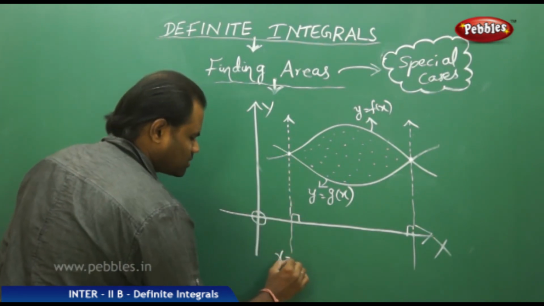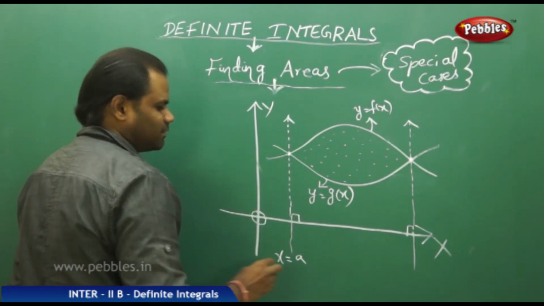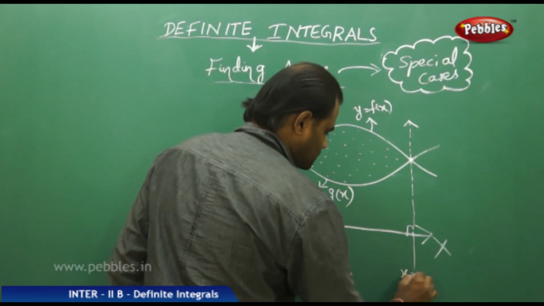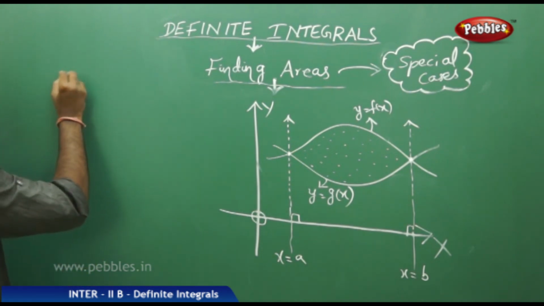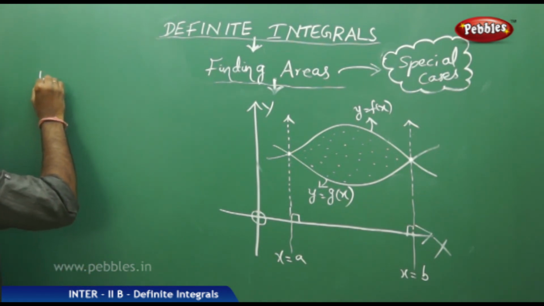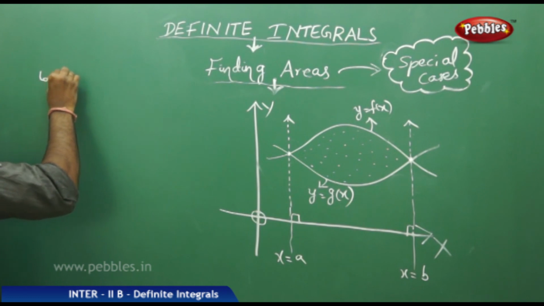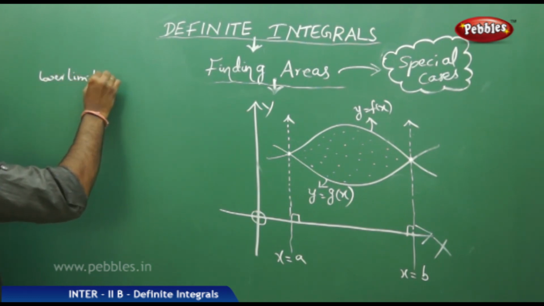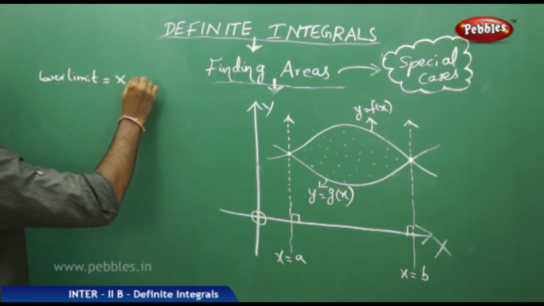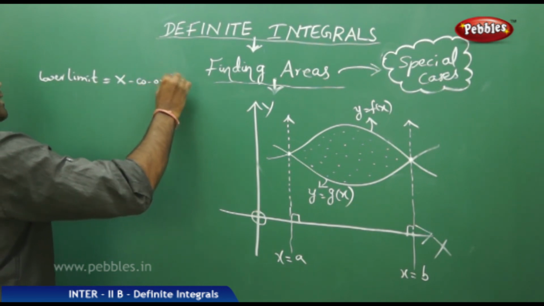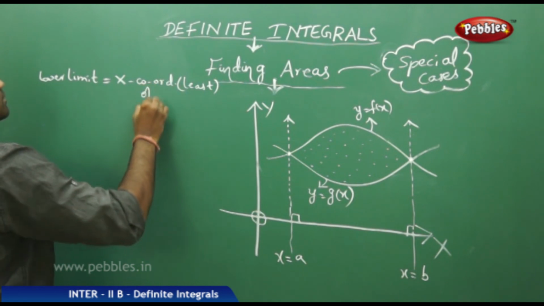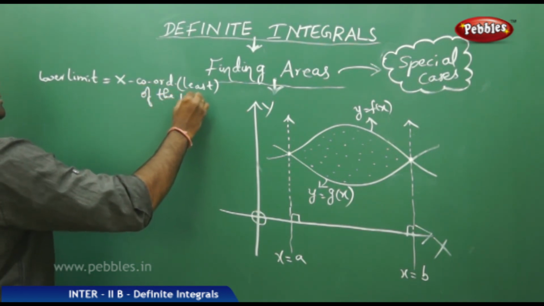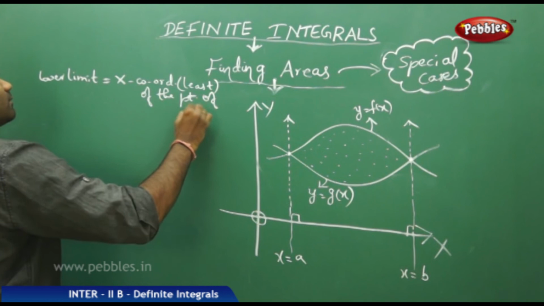Say my x coordinate of this point of intersection is A and this is B. So it is very important to note that in this kind of problem, the lower limit is the x coordinate that is least of the points of intersection.